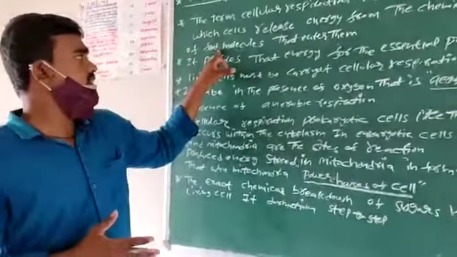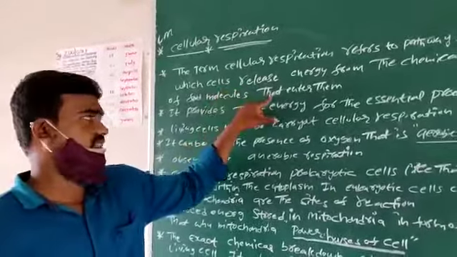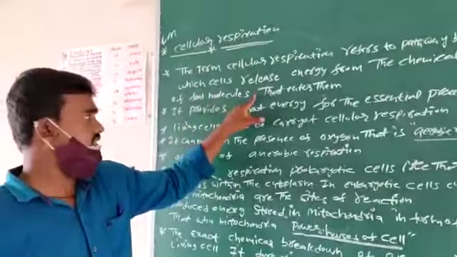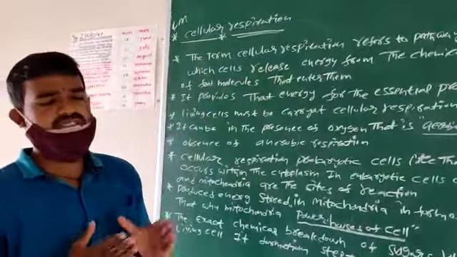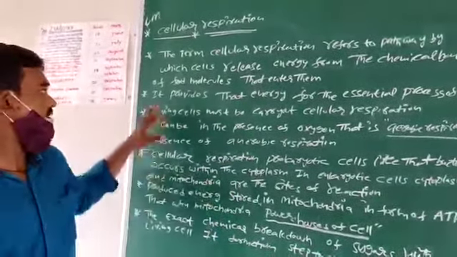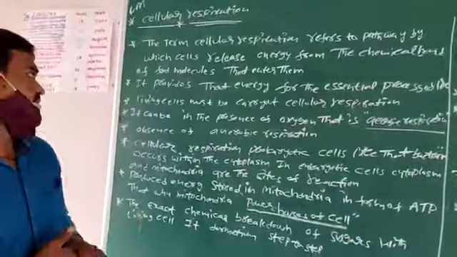This food is digested, and after that the cells utilize it. In this process, the food is converted to chemical energy. It means that energy is released, and next, it provides energy for the essential processes of life.